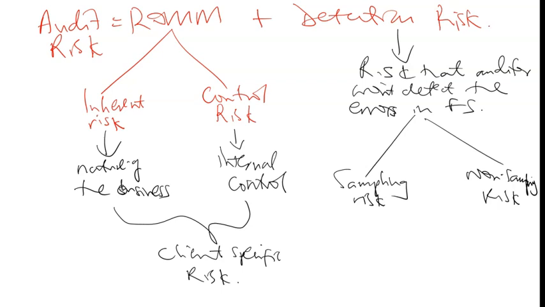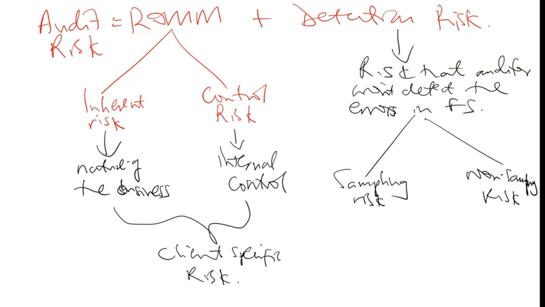Either the sample was too low or it wasn't representative, it wasn't large enough. Okay, that's the sampling risk part of it.